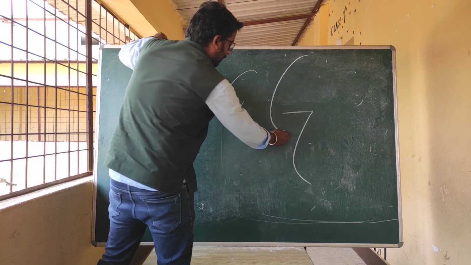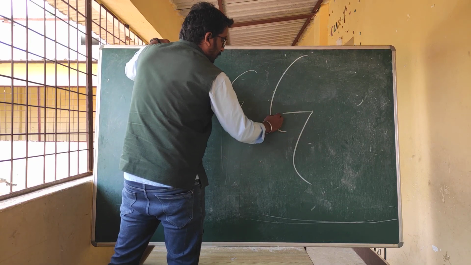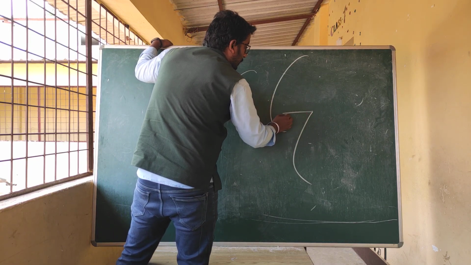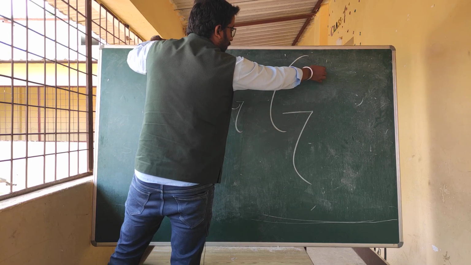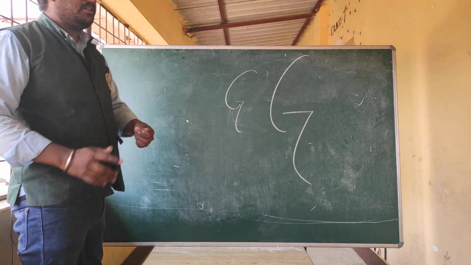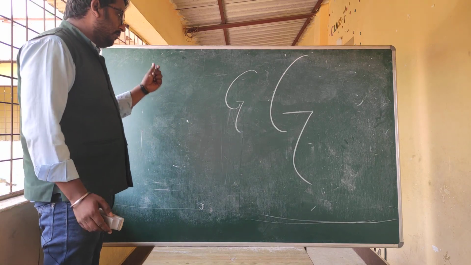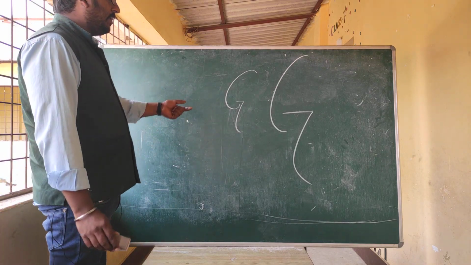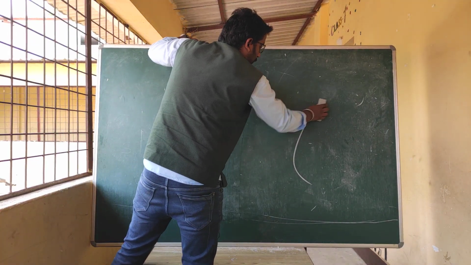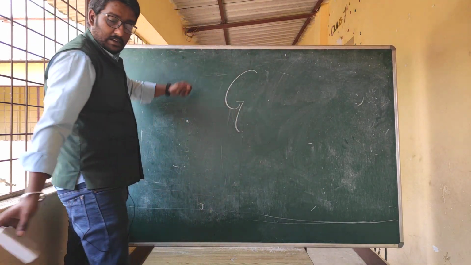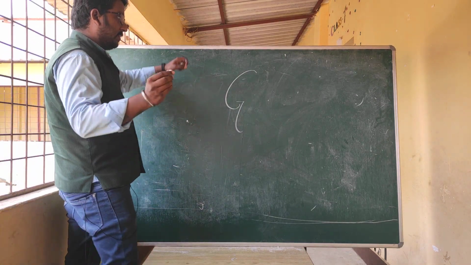Like here, I have missed this part. Here, this one went a bit longer than this one, and this one is not leaning over here. So there are many miscalculations that can be made if you are drawing any part without graphing it. So let us understand what it is and why these lines are drawn.